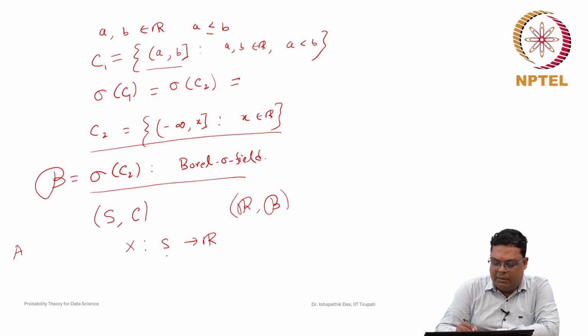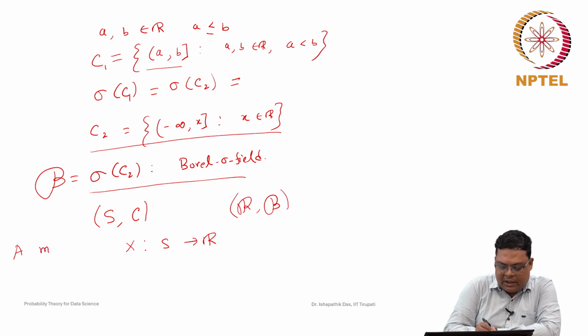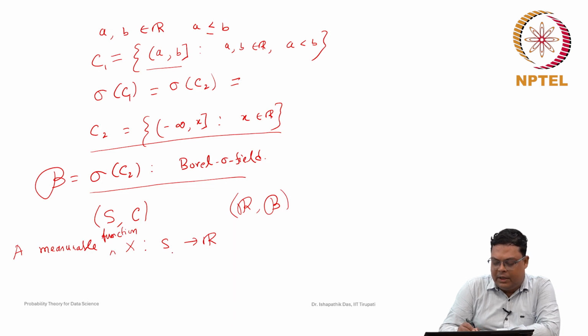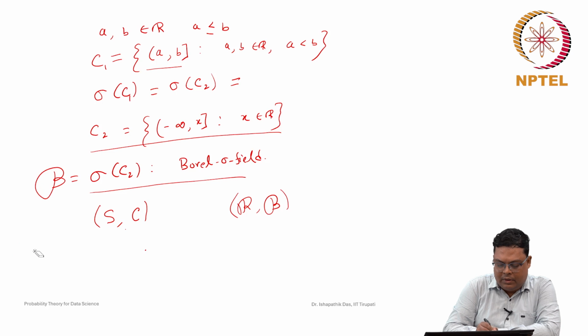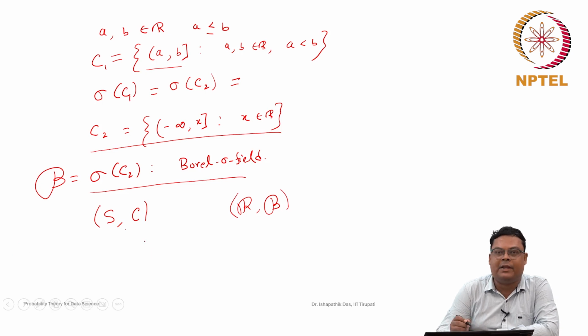Now consider a measurable function X from S to R. We want to define a random variable.